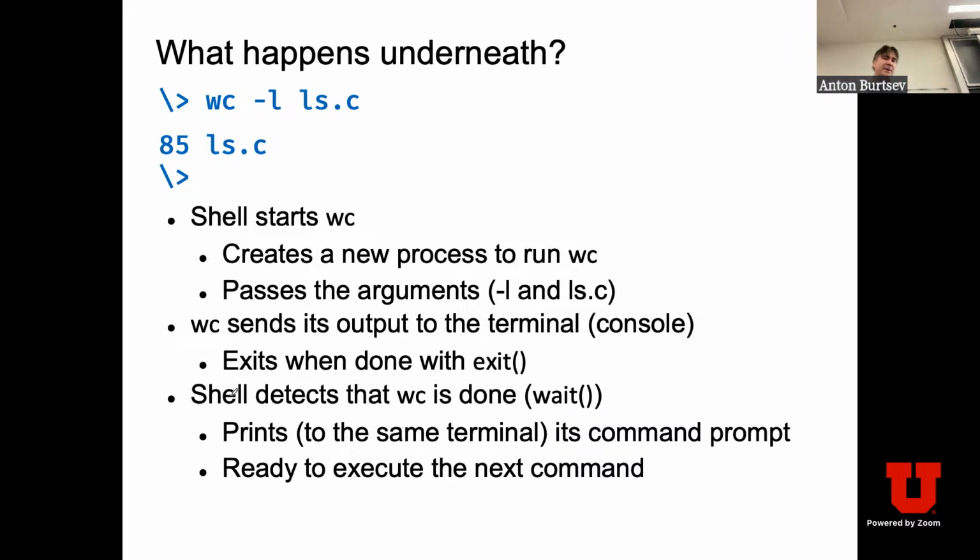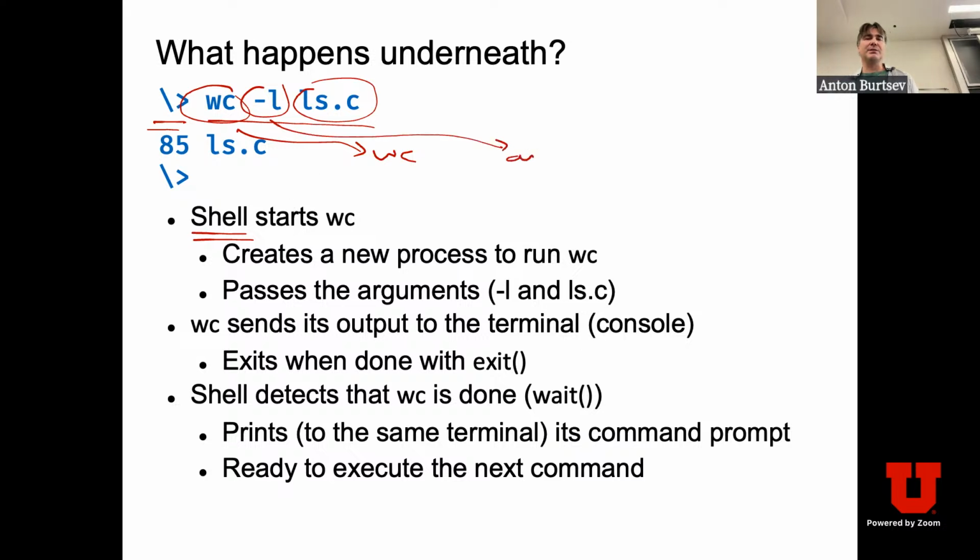And what happens when, inside the shell command prompt, you type something like wc -l ls.c, asking to count the lines in ls.c? So what happens is shell, as any other interpreted language, will parse this string and say, okay, there are 3 tokens. The first one, by convention, is the name of the application we want to start, then some arguments, in fact -l and ls.c are the arguments.